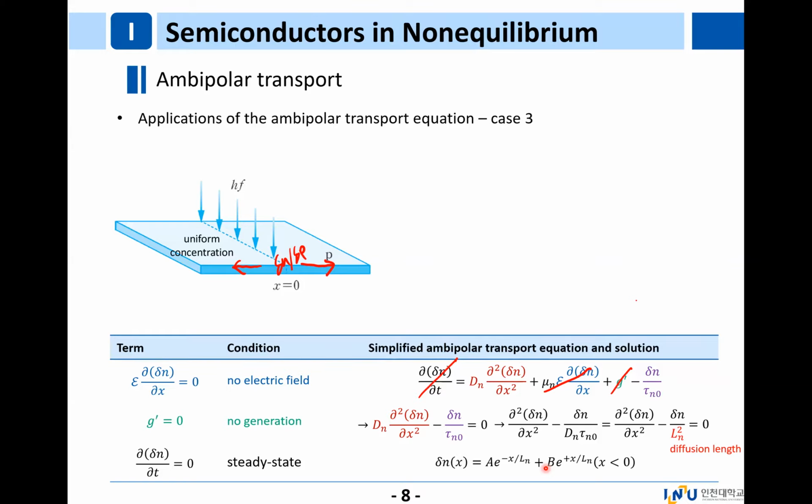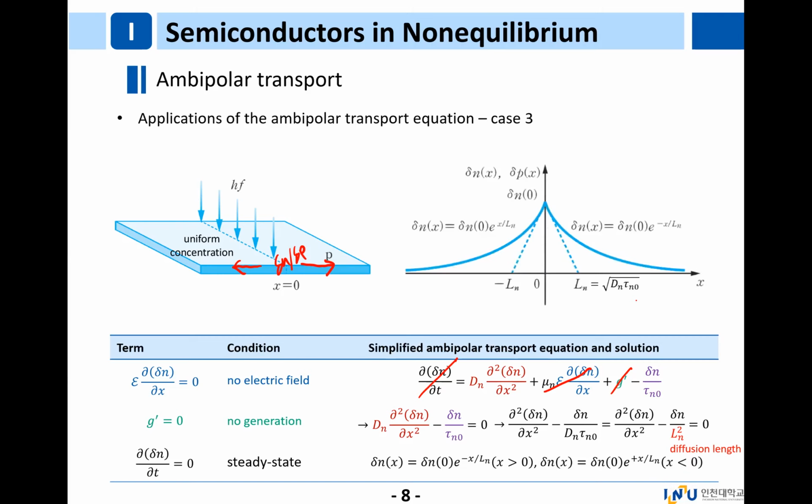From these boundary conditions, we can express the solution separately for x greater than 0 and less than 0. Therefore, we can conclude that the excess carrier concentration decreases exponentially with distance.